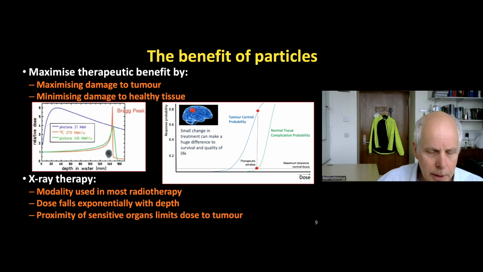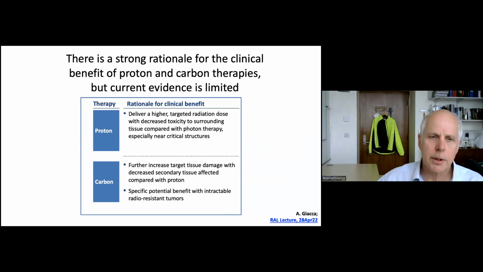And that means that the dose that you can deliver to the tumor is often limited by the proximity of sensitive organs or organs which are less tolerant to radiation. And of course, the use of particle beams, so proton and heavier ion beams, is there to try and minimize the damage to healthy tissue.